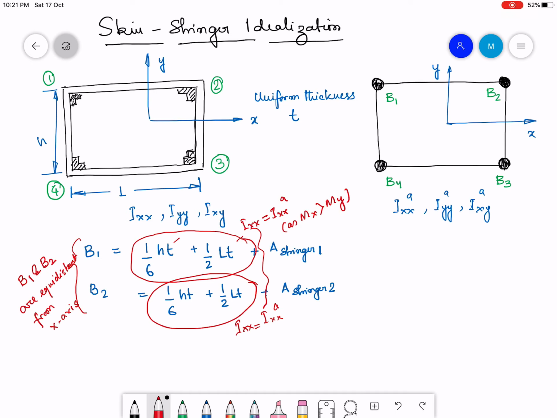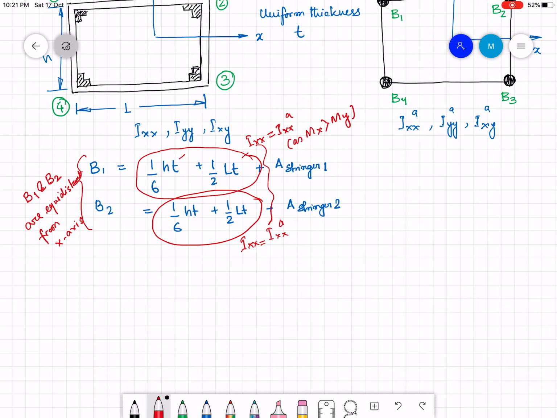Now I am going to move into a multiple cell component. So let me just draw a multiple cell.